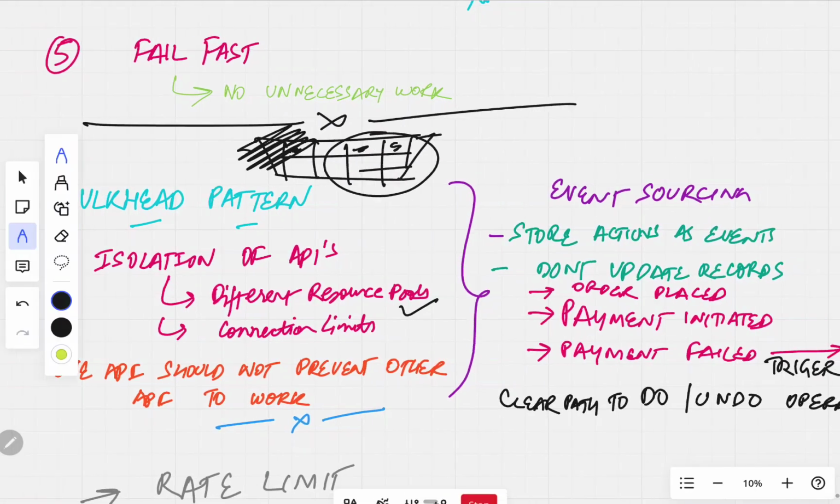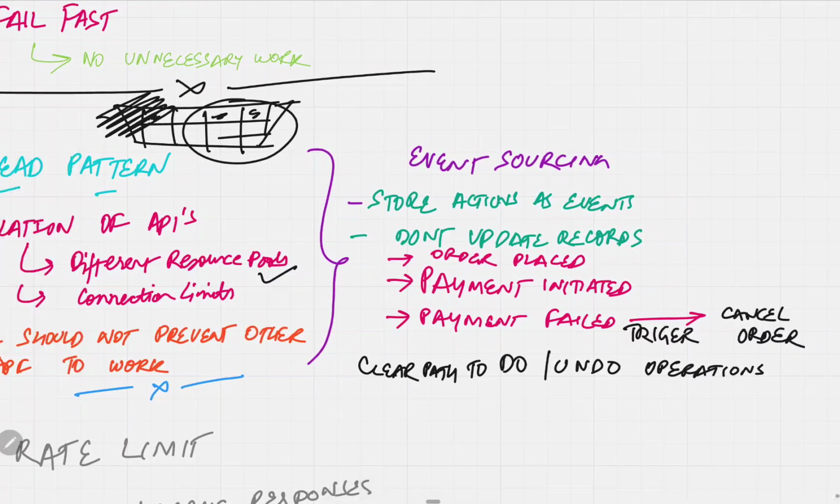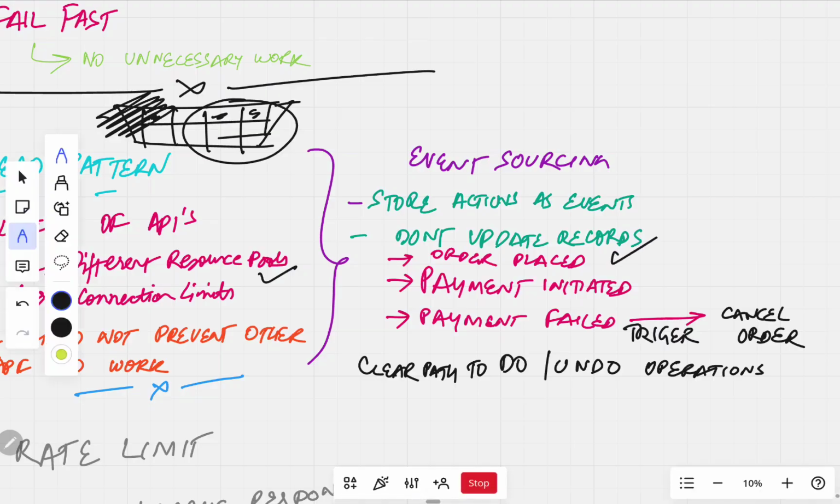The second is event sourcing. Let's take an example. We are not updating the same record in a DB or wherever we keep the entries, but we are having separate records, like logs. The order was placed. After that, the payment was initiated, and then the payment failed.